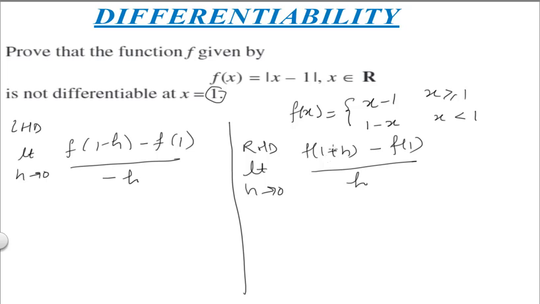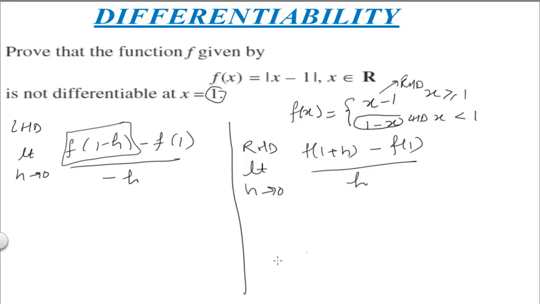Now be careful here, when you solve f of 1 minus h, this value is to be placed in which function? This is LHD, that means less than 1. So this function you have to take for LHD, right? And for RHD you have to take the first one, which is x minus 1. So when you solve it, you are going to get different values for LHD and different values for RHD. Hence you will find that it is not differentiable at x equals 1.